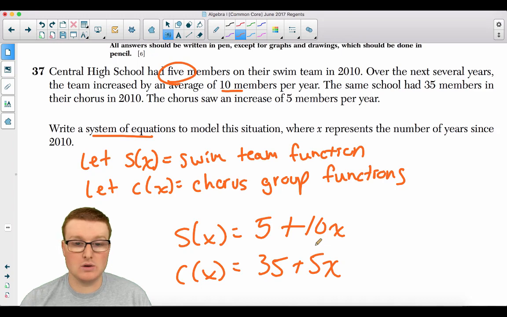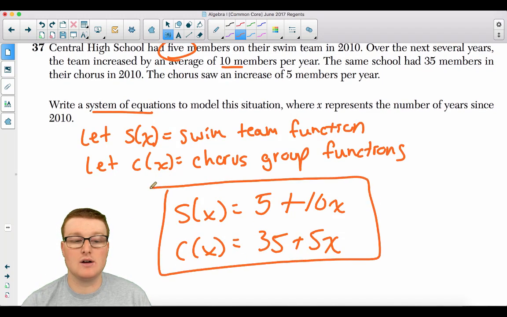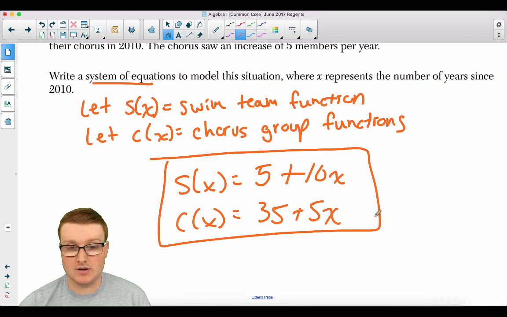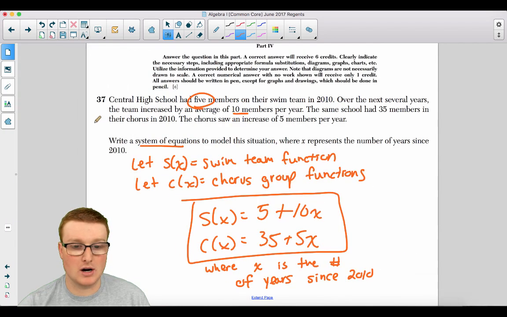So this is the system of equations that you need, where x is the number of years since 2010. That is the answer for this part.